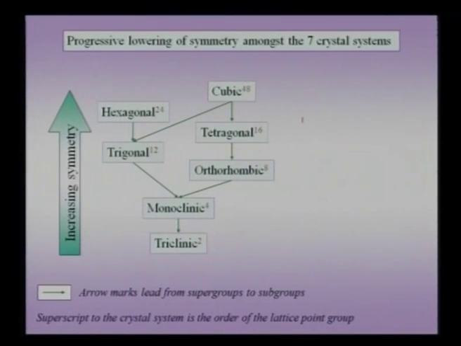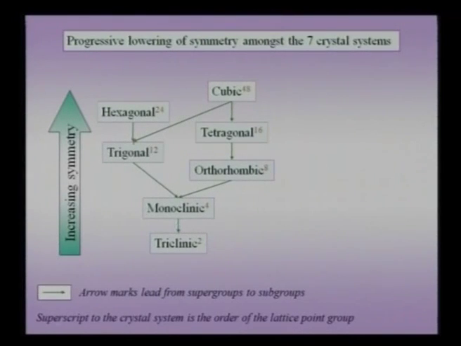If I start with a single point, after the point group has operated, I would like to locate all the equivalent points which the point group has generated. In the case of a cubic crystal, 48 such points would be generated, and therefore it has the highest symmetry.